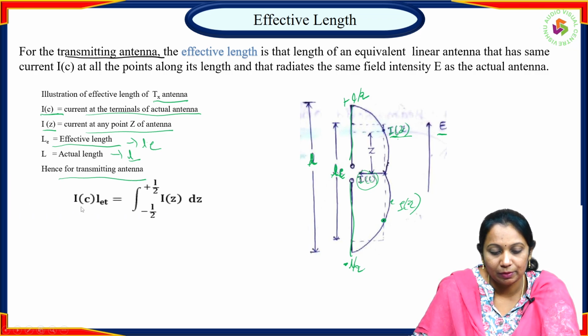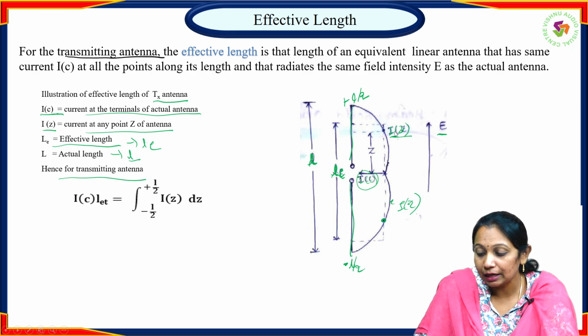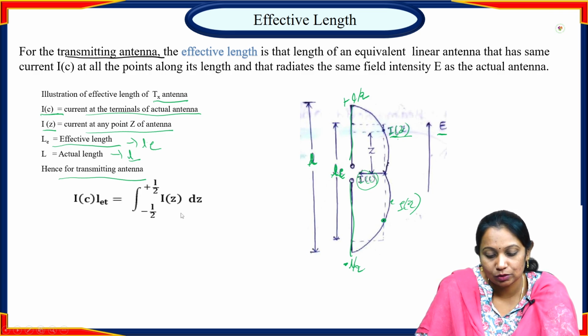I of C into the effective length is equal to the integral, which represents the sum of the current distribution at each individual point. To represent that, I have taken the integral from minus L by 2 to L by 2 of I of Z into dz.